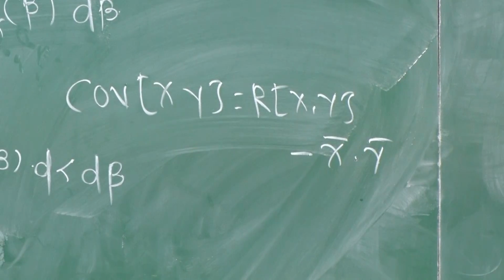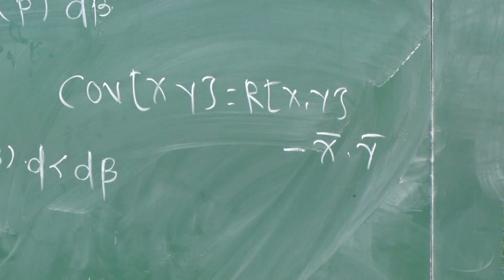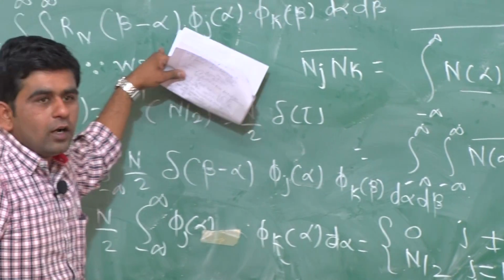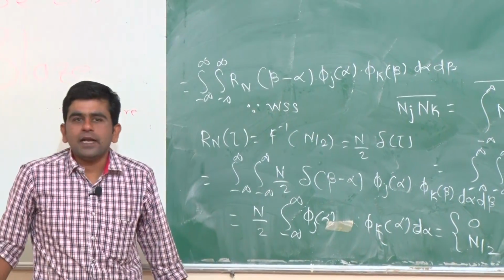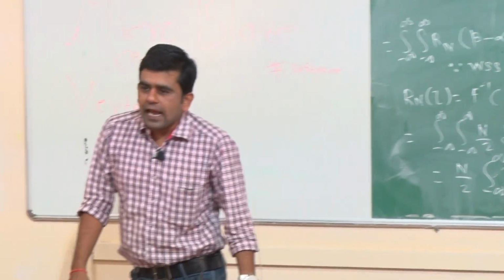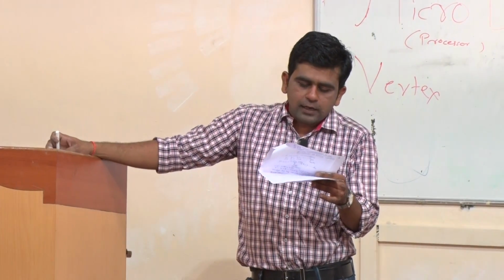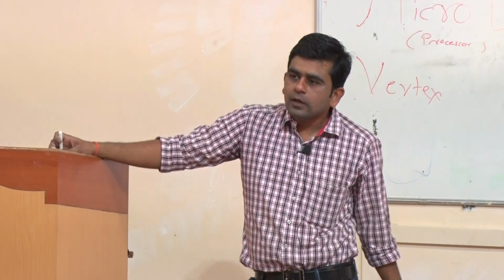As this process is a wide sense stationary process, this autocorrelation function is a function of only the distance or time difference, that is beta minus alpha. So here we can see that n j and n k are uncorrelated Gaussian random variables, each with variance N by 2.